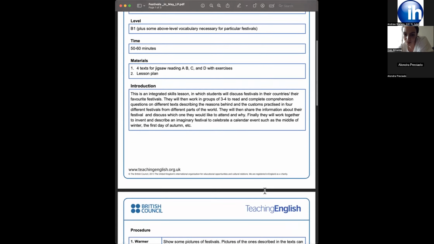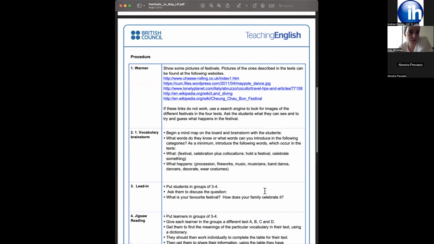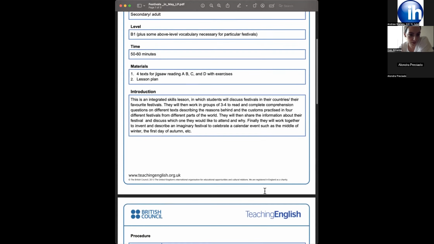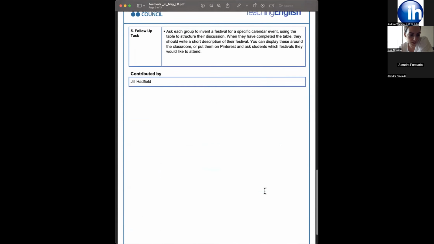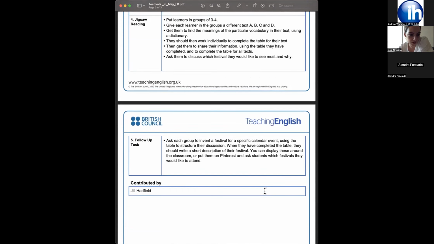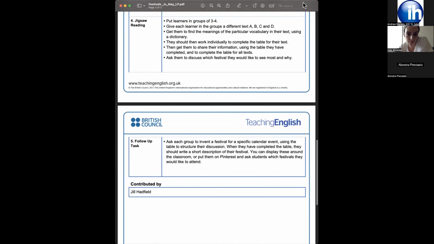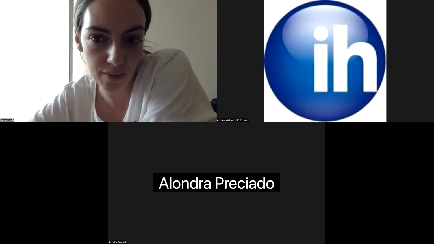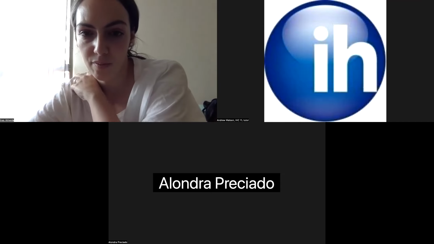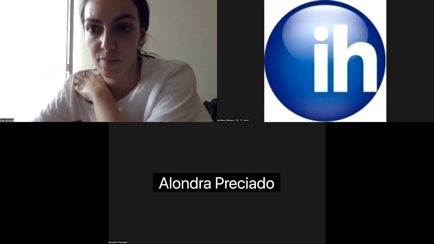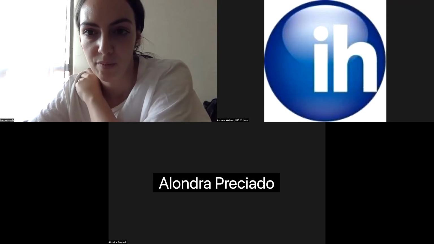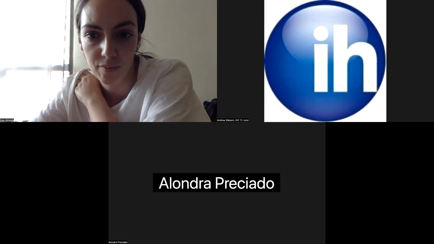So, this is the lesson plan, all right? But all the material goes with this, right? So all the other material, like the Snake Festival, is just a reading that the students do together. It's actually called a jigsaw reading.